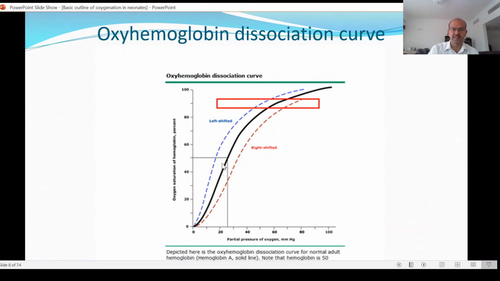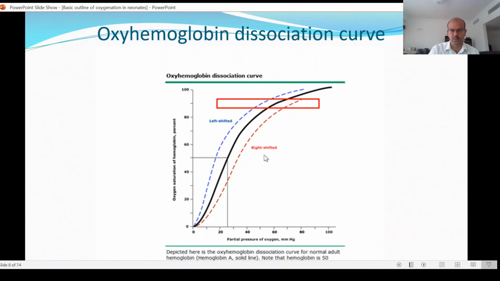The normal is in the dark line, that's adult hemoglobin based. We have a shift to left, which is often the situation in the newborn period because of the high hemoglobin F that we have, and even in that you may have a further shift to left or a further shift to right depending on the factors we will discuss next. A shift to right may happen as well in certain situations.